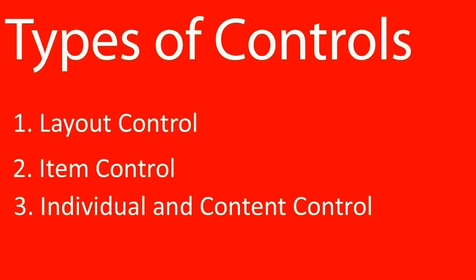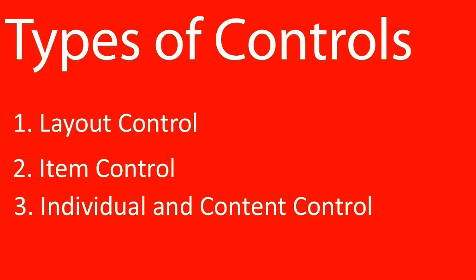Let's talk about the types of controls in WPF. Basically there are a lot of controls in WPF, but they are generally subdivided into 3 categories. The first is the layout control, which basically deals with the user interface of your application. They are used to create a great user interface. The second is the item controls, which are basically the list-based controls.